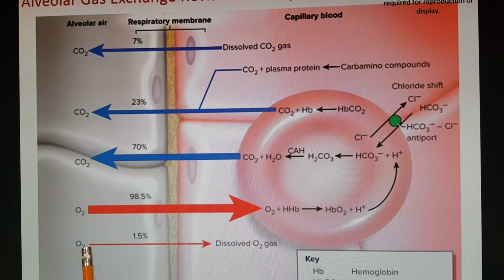And then the last is just dissolved O2 gas, or oxygen, just driven again by partial pressure differences.